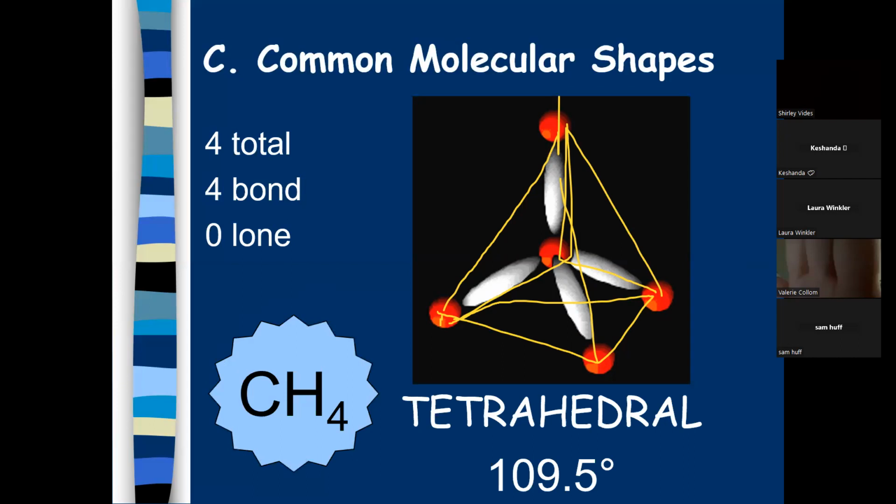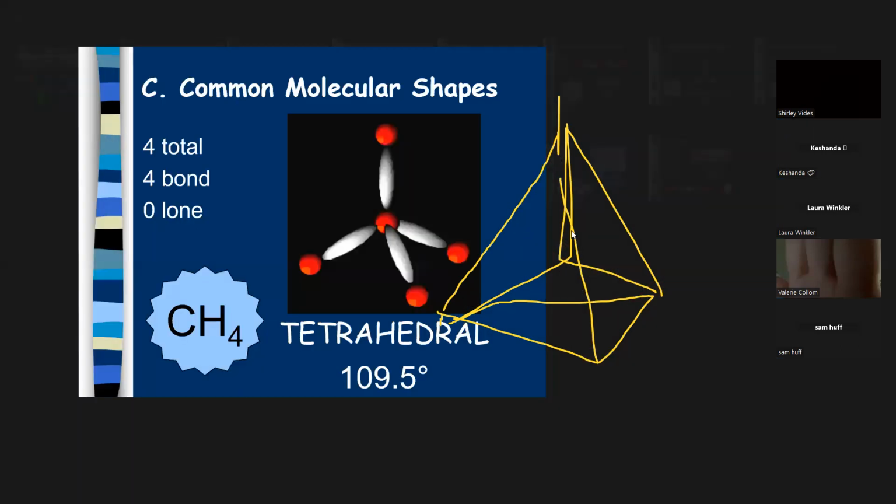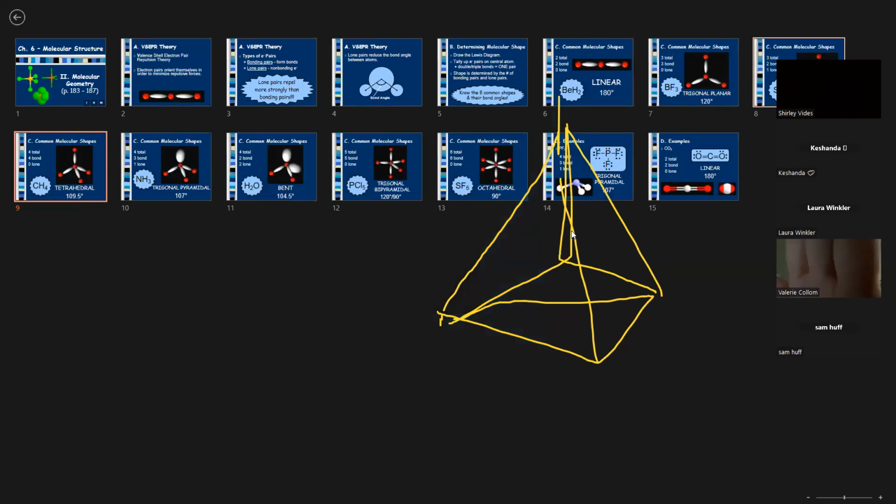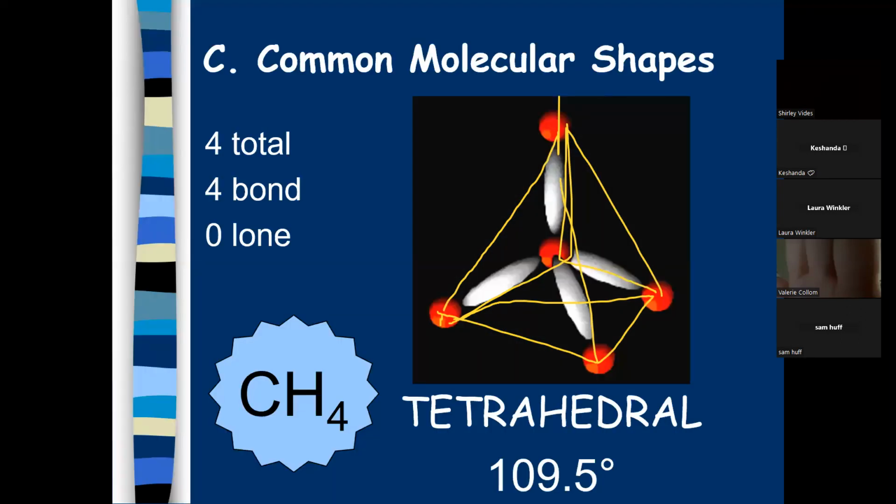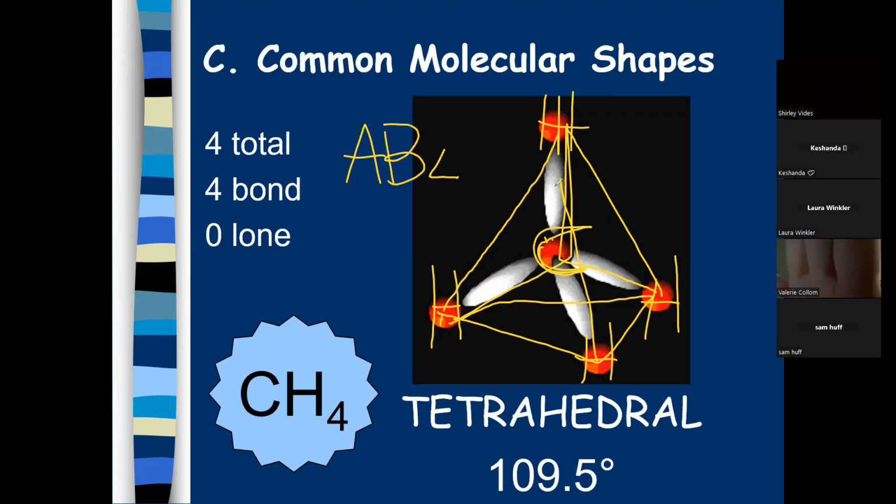Again, if we were to draw the atoms, you can see that the carbon is here, right? And the hydrogens are here, one each. And if you said this is an AB4, you would be correct because it's 4 bonds and 1 central atom.